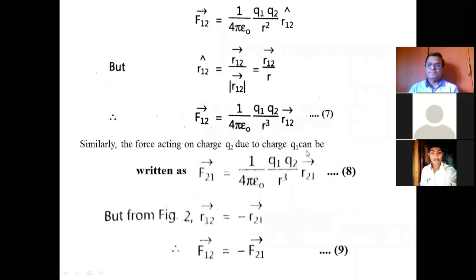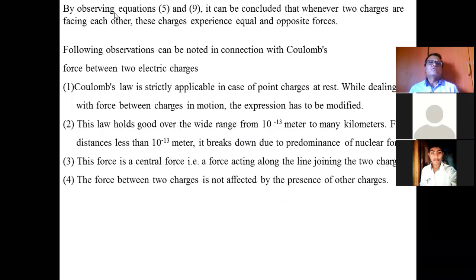By observing equation 5 and 9, it is concluded that whenever two charges are facing each other, these charges experience equal and opposite force. आपण पहिल्या केसमध्ये पण बघितलं, ए केसमध्ये आणि बी केसमध्ये पण बघितलं.